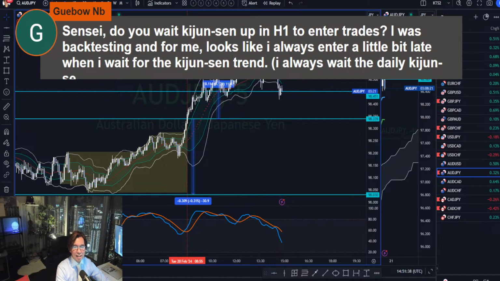Again, the purpose is to capture the body part of the fish. When the Kijun-sen is still flat, that means it's a range, so we never know if the market becomes a trend or not in that case. So you better wait for the Kijun-sen to angle and the Kumo to be trending up or down, then enter trades.